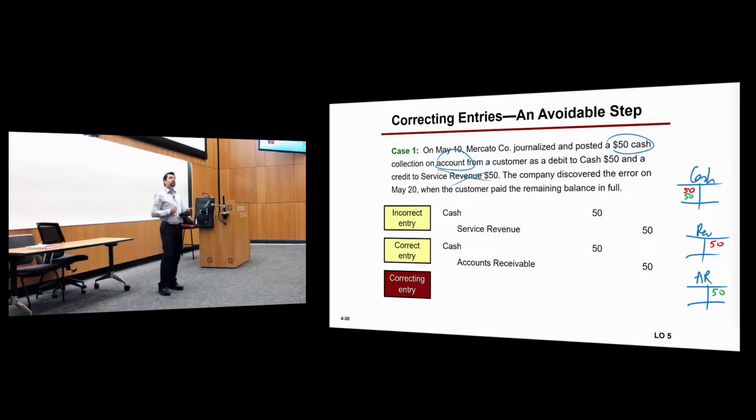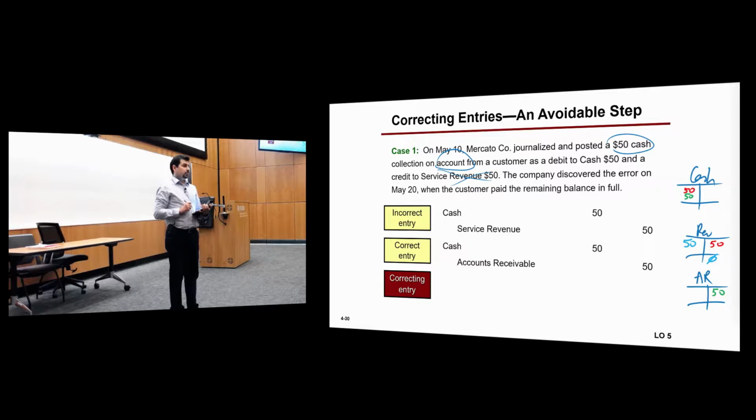What do we need? We need to decrease revenues to make it 0, because revenue is supposed to be 0. How do you make it 0? Exactly. So the blue one is supposed to be here, is a debit, so that the balance will be 0.